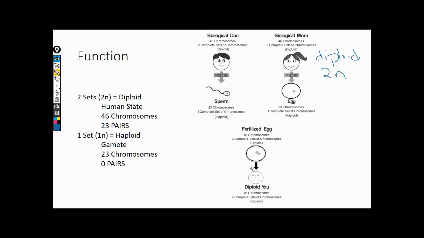Same thing with dad, he's also diploid. We've got two copies. So all fully formed organisms are diploid.